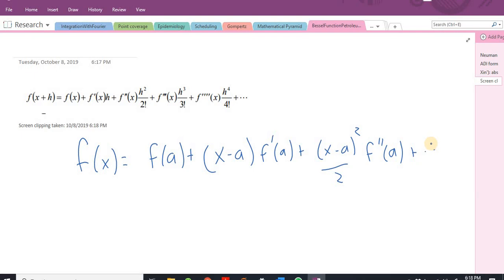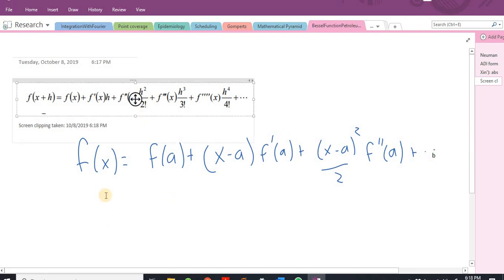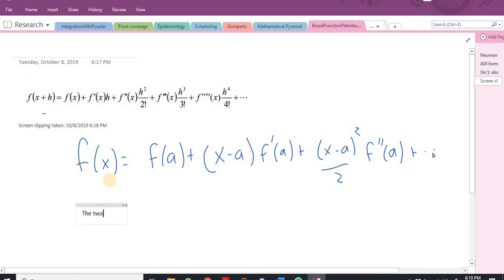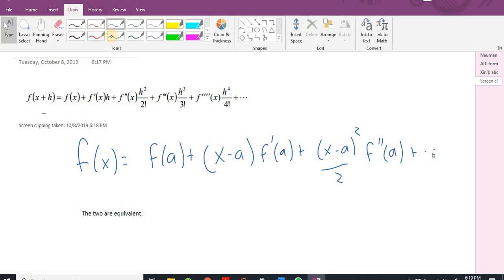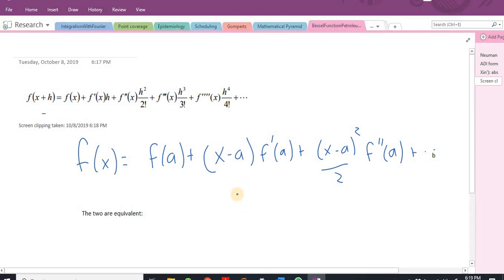So the two are equivalent. In this case, I can make a table here to make the correspondence. So this is the first expression, and then here's the second expression.